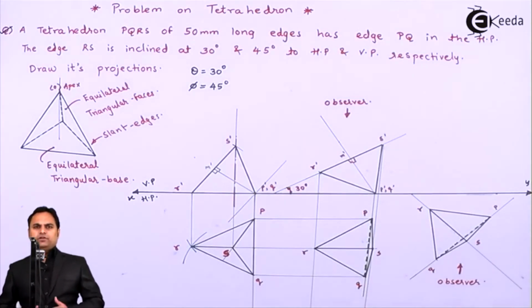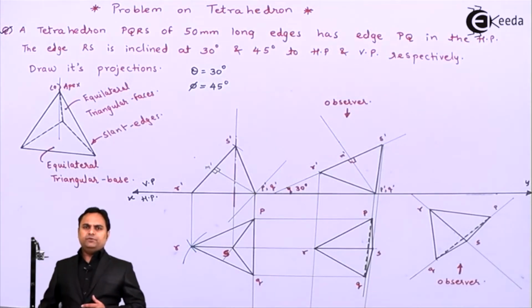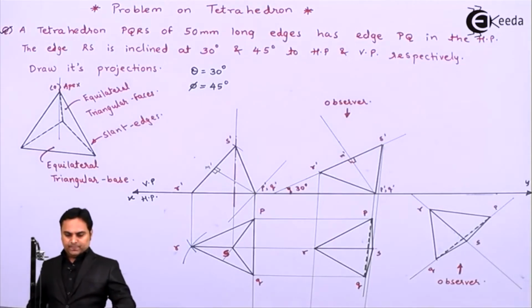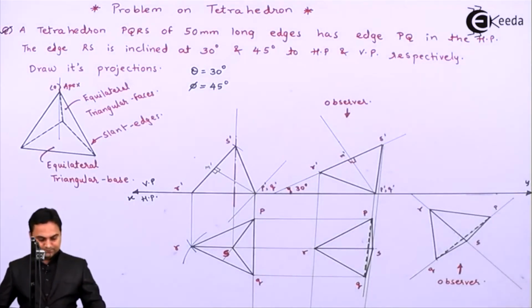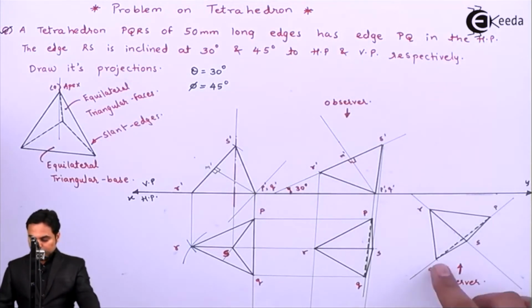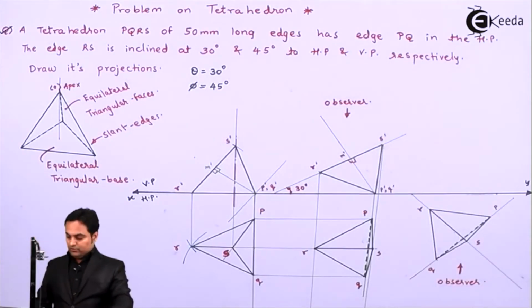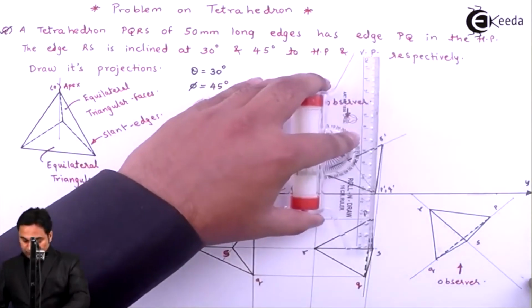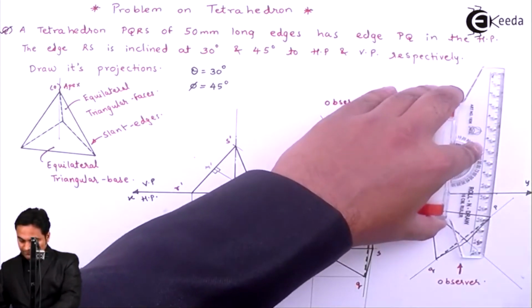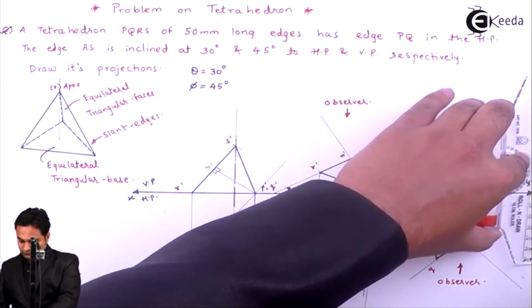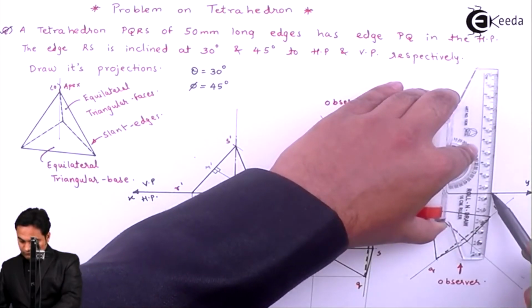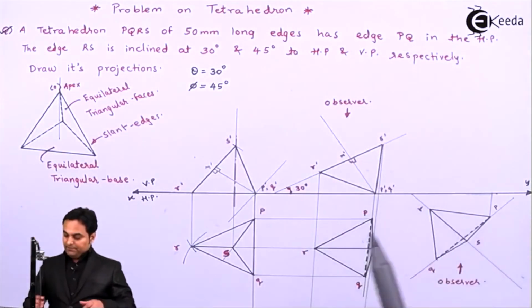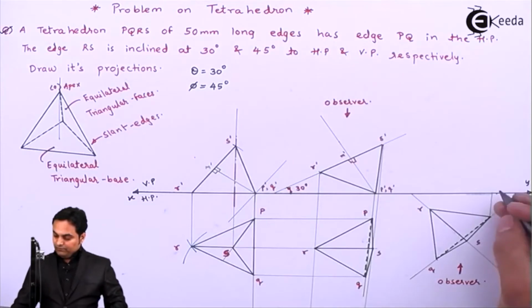Now as an observer, those points which are closer to us will be projected first. So if we see here, Q, S and P, they are closer, so projecting them first. Point P, so P and P dash, wherever they intersect, that will give us point P double dash.